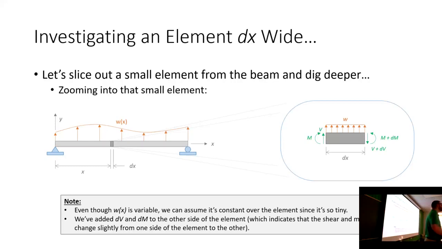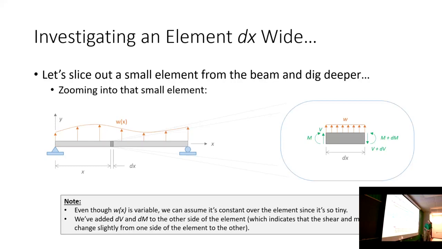And I propose that over an infinitesimally thin element, I can assume that this variable load is just constant, and I really don't need to worry about handling the variability over an element width that small.